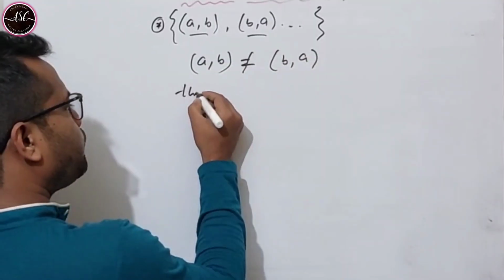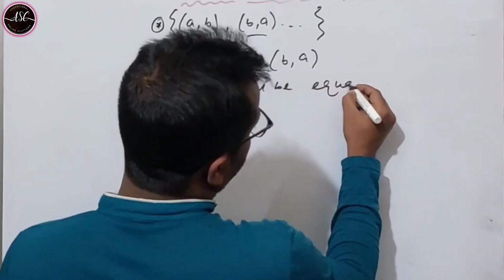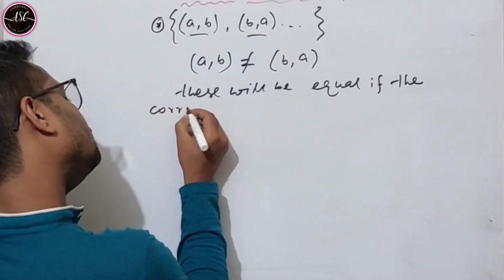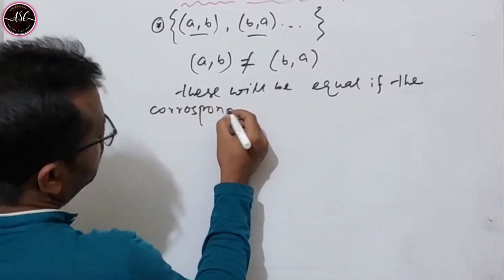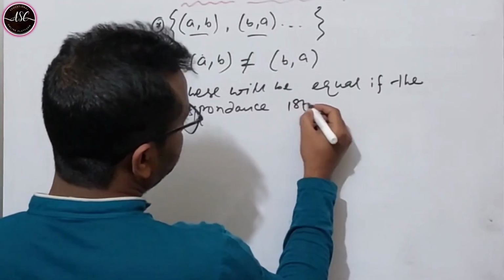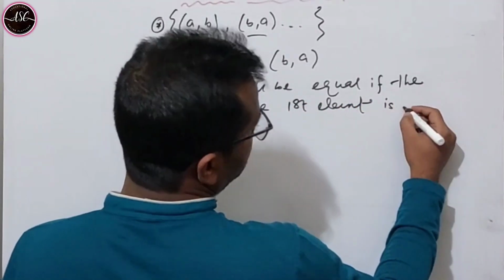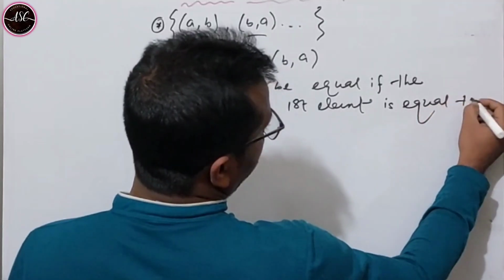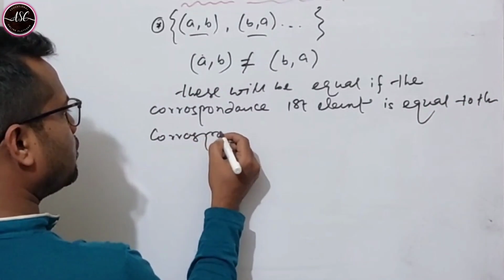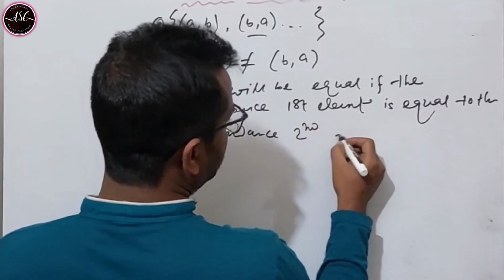They will be equal if the corresponding first element is equal to the corresponding second element.